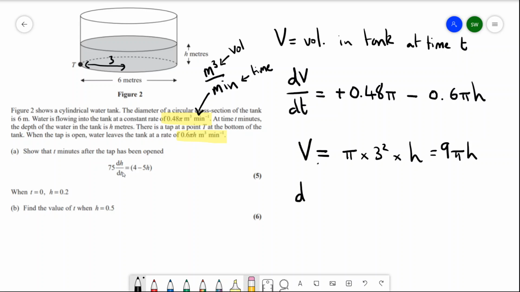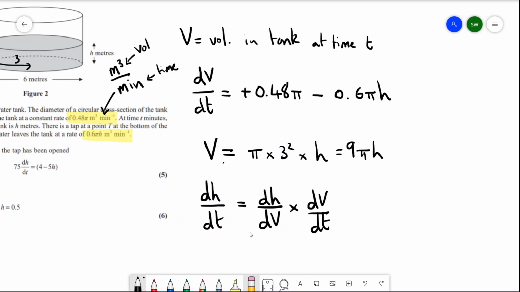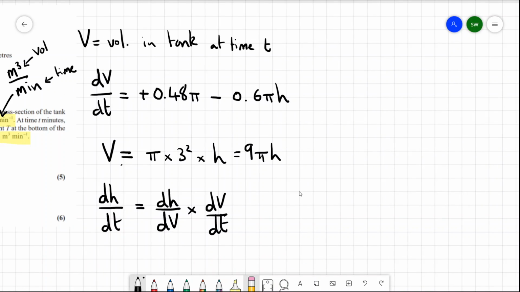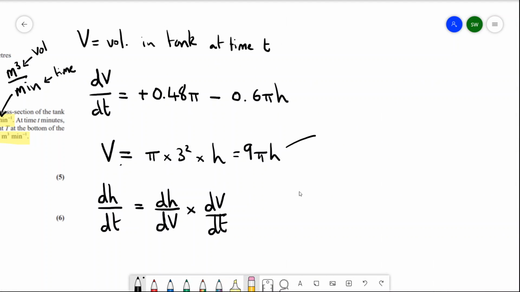So we want dH by dt. That's what we're aiming for in part A. So what we're going to do is use the chain rule, and we're going to work out dH by dt is going to be dH by dV multiplied by dV by dt. Now the reason why we need an equation linking V and H is to get this dH by dV. So as soon as we've got an equation with V and H in it, we can differentiate it with respect to H. So dV by dH equals 9 pi.